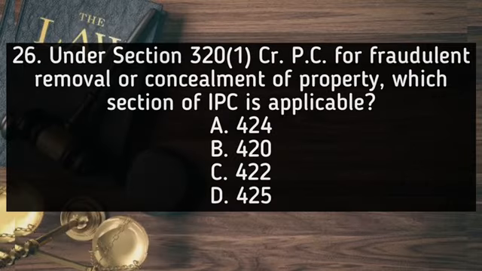Under Section 320 CrPC for fraudulent removal or concealment of property, which section of IPC is applicable? 424, 420 or 422 or the last 425? Our answer for this question is A, 424.